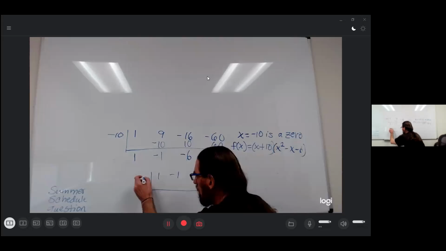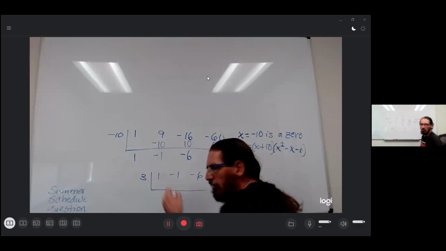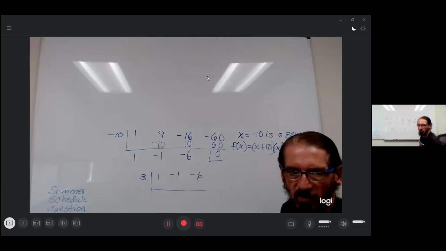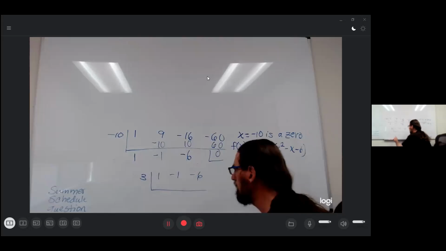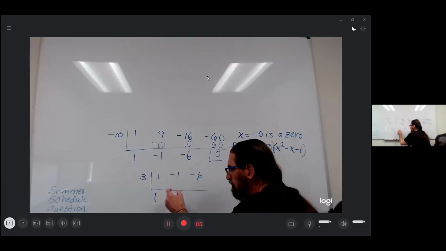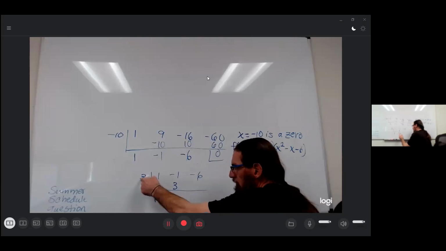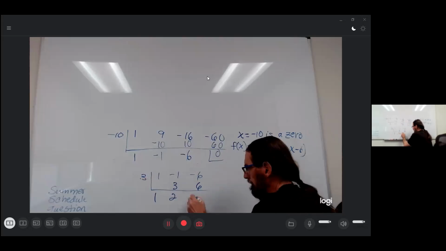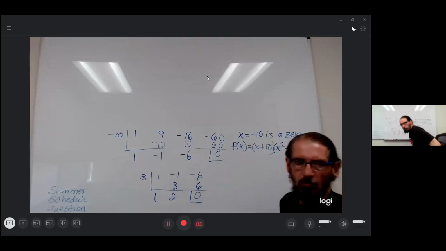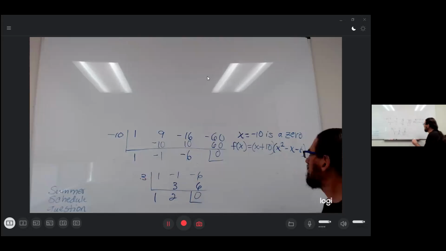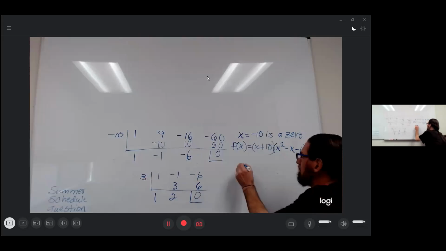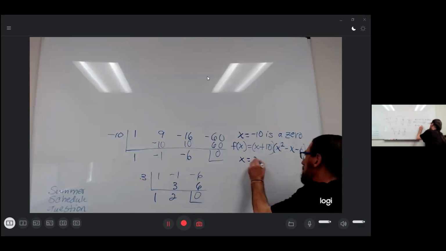So let's go with 3 as a 0. Test whether that is a 0. That was on the list, as was the negative 2. 1, multiply. 3, add. 2, multiply. 6, add. 0. So that's telling me that x equals 3 is another 0.